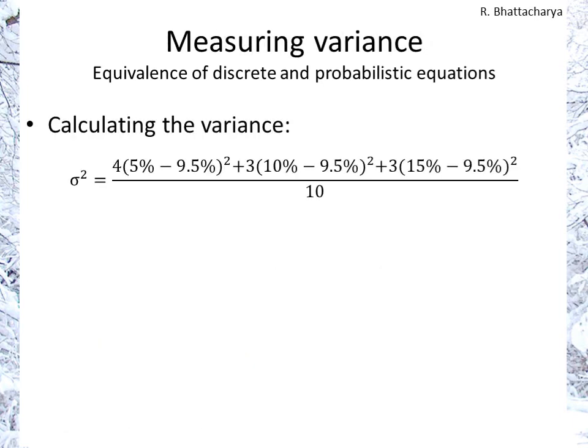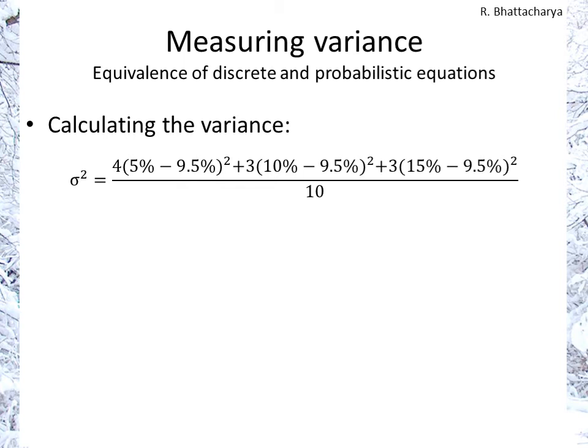Now the variance, using the observations, in other words, the historical values, we'd have 4 observations of 5%, so the variance we would calculate by taking 5 minus the mean value, the 9.5%, and squaring it. We would have 3 times the observation of 10%, and 3 times we would have the observation of 15%.